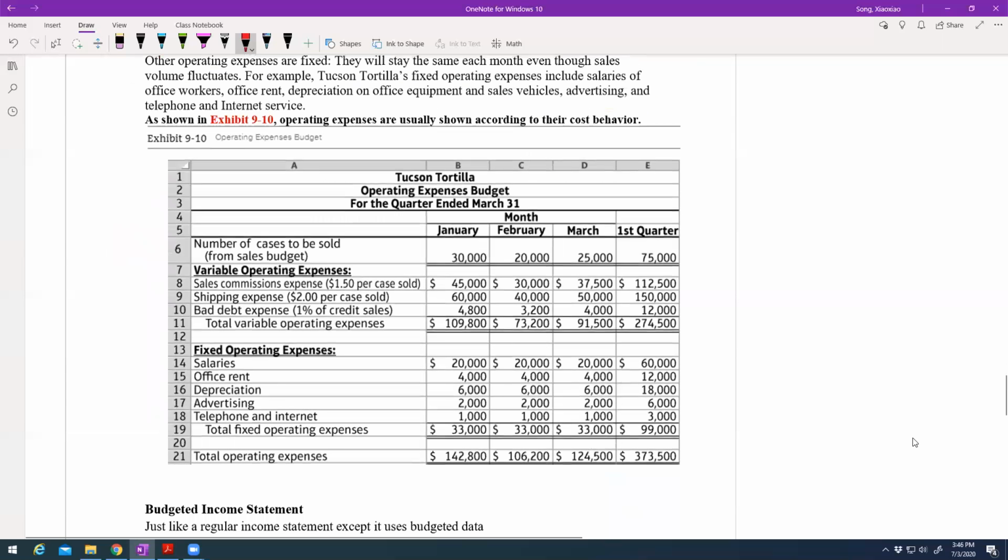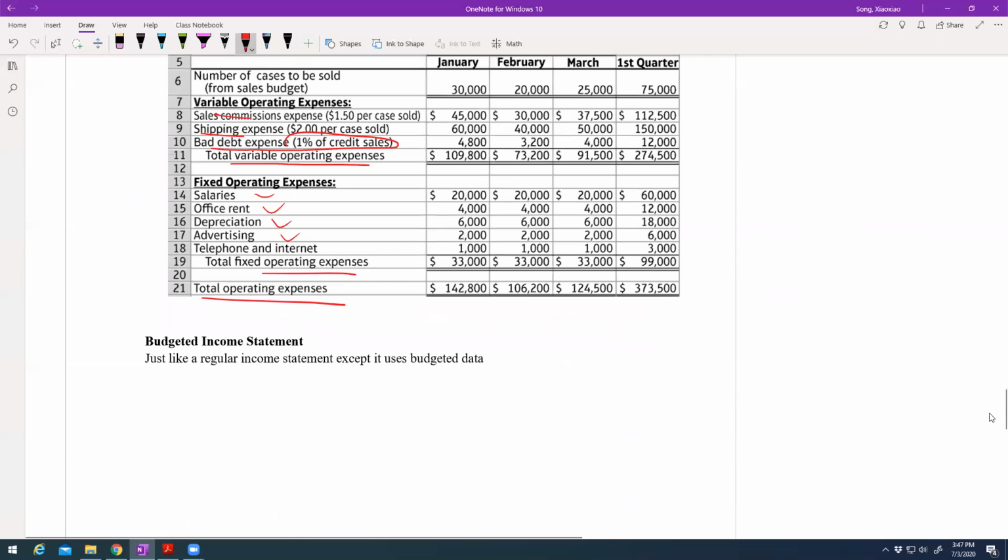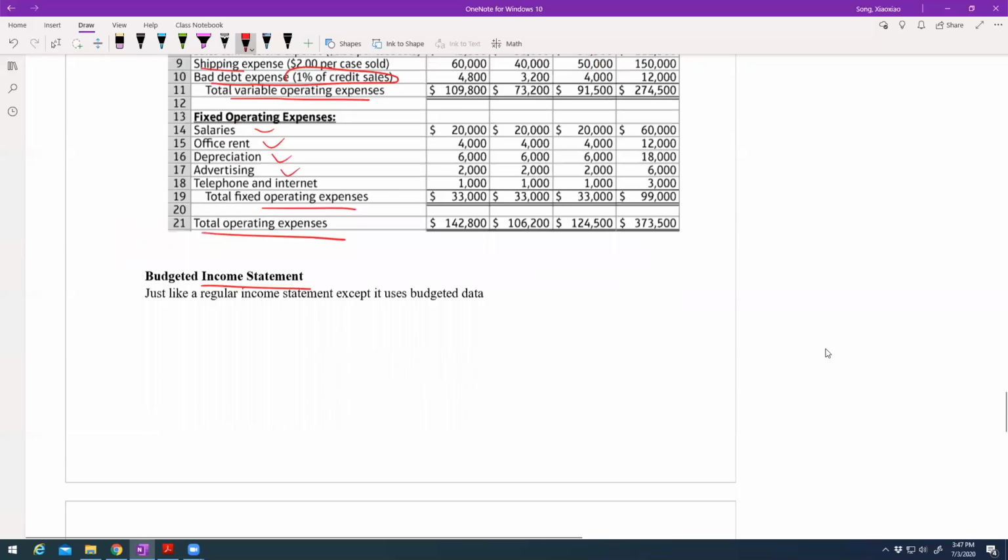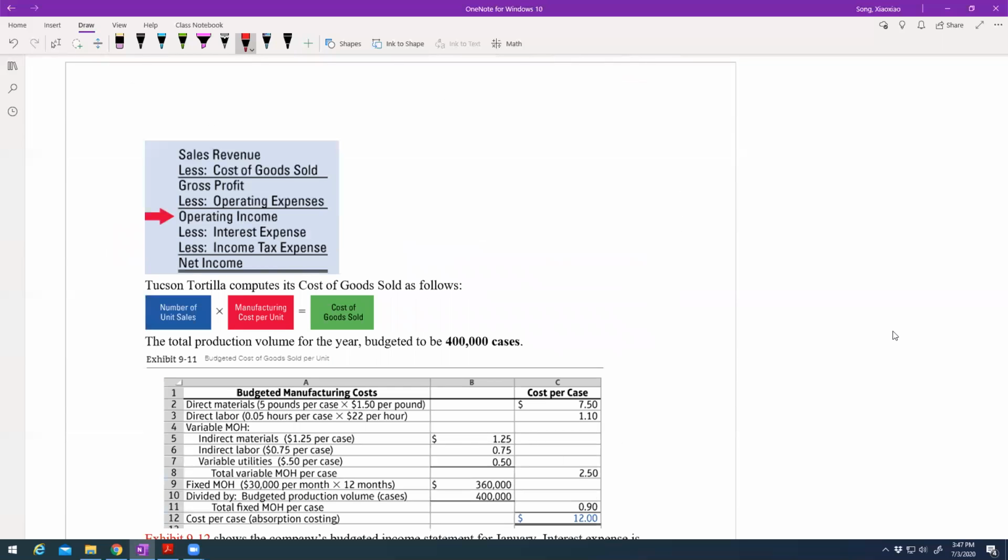Then you can find out that you have sales commission, shipping, and bad debt expense, 1% of the credit sales. So you have all these variable operating expenses and all these fixed operating expenses, and you get your total operating expense. Now we have everything we need to prepare our budgeted income statement.